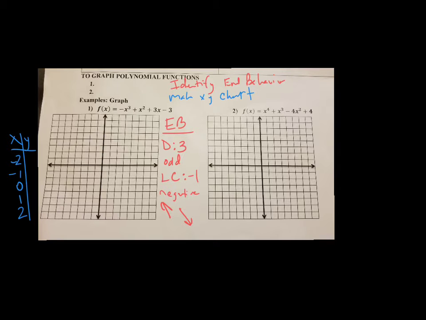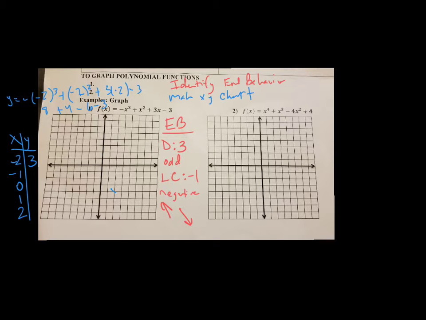So for -2, I'm going to have y equals the opposite of -2 cubed plus -2 squared plus 3 times -2 minus 3. So -2 cubed is -8, plus the negative, so it's going to be +8. -2 squared is +4, so 8 and 4 is 12. 3 times -2 is -6 minus 3. So it's -6 minus 3. 12 minus 9, which is +3.